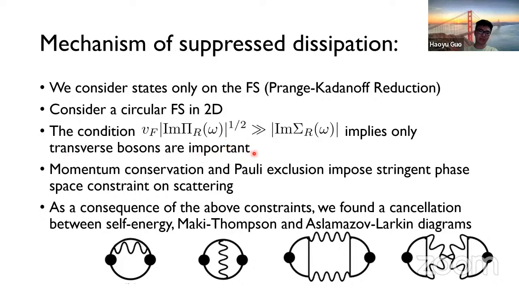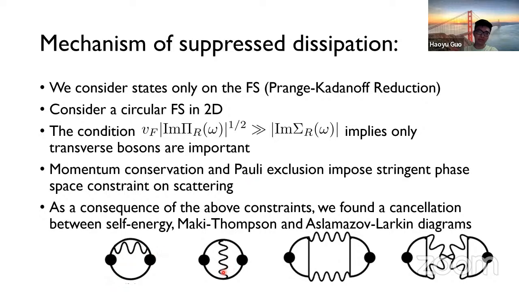So if you only assume that there are transverse bosons, then it is fully self-consistent to reduce the whole problem to a set of variables that only live on the Fermi surface. On this Fermi surface problem, you could try to perform a Feynman diagram calculation, but we actually found that the result could be understood from the phase space constraint for the scatterings of those fermionic variables on the Fermi surface.